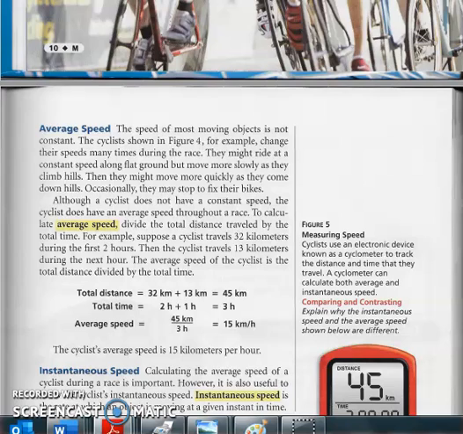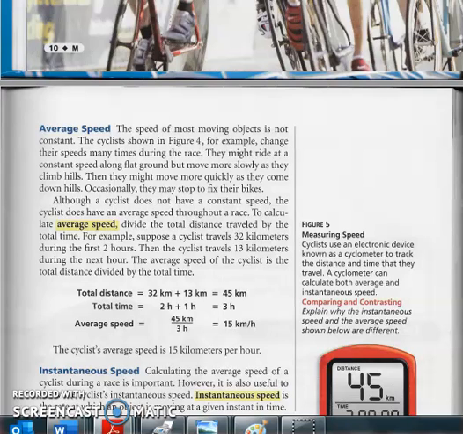To calculate average speed, divide the total distance traveled by the total time. For example, suppose a cyclist travels 32 kilometers during the first 2 hours. The cyclist travels 13 kilometers during the next hour. The average speed of the cyclist is the total distance divided by the total time. To get the total distance, we take 32 kilometers plus 13 kilometers, which equals 45 kilometers.